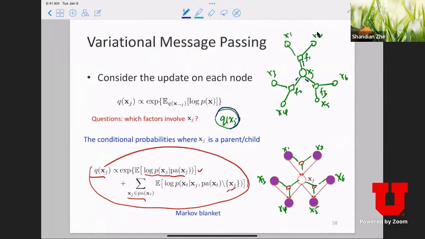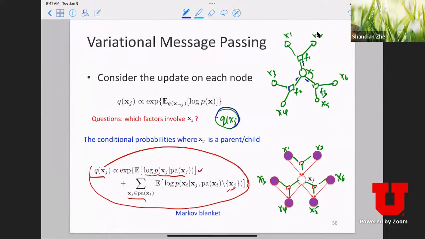It's different from the sum-product algorithm we introduced. We have different rules to calculate messages. But here in our variational inference world, we define our own message. The message sent from each variable node to any of its neighboring factors is just the Q of xj, the approximate posterior for this particular node.